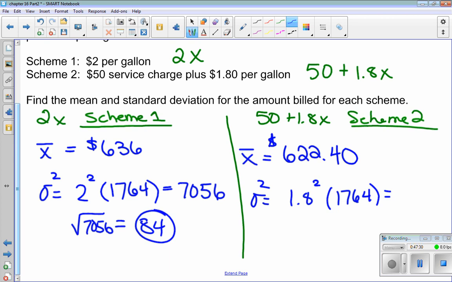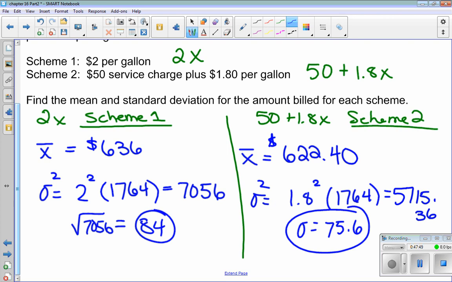So what do I get here? It's a kind of crazy number. 5,715.36. And then you would take the square root of that. And I got 75.6 approximately. You square root this number. Did I do something? By 42.